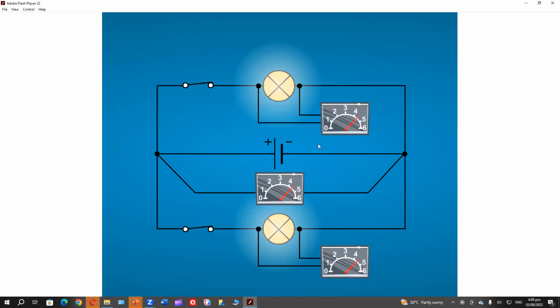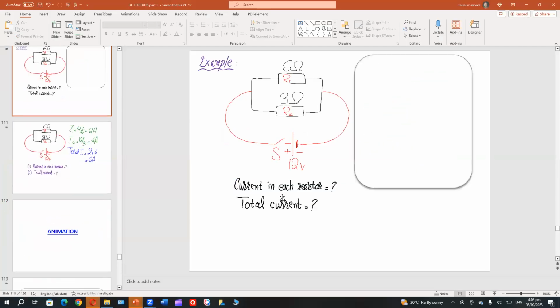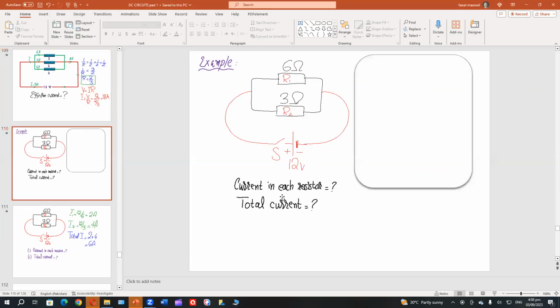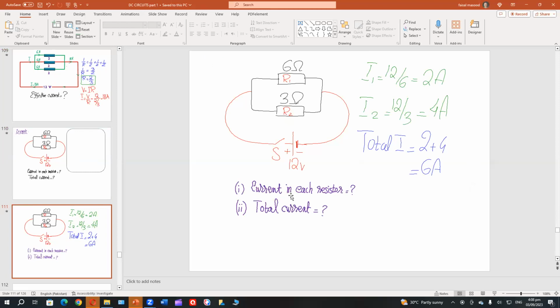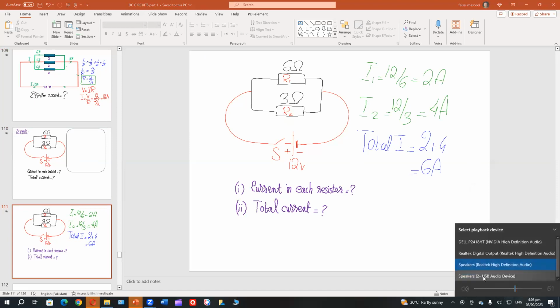So it is not surprising that the measurement of the voltage across the two bulbs provides the same reading. The main idea here is that voltage in parallel is the same.